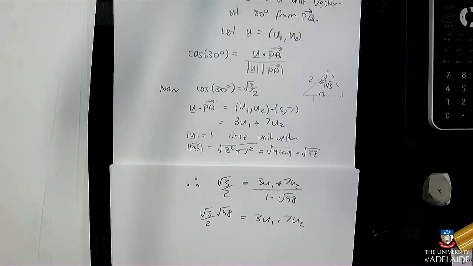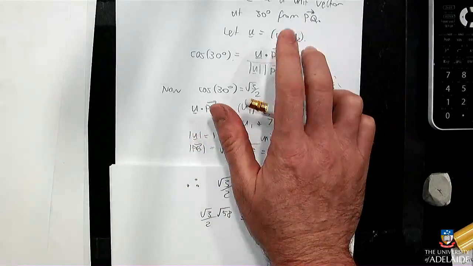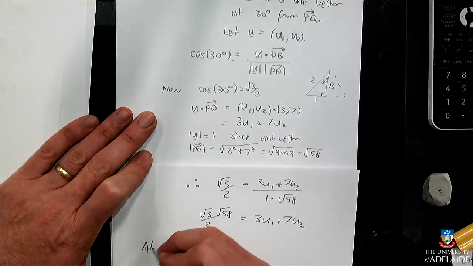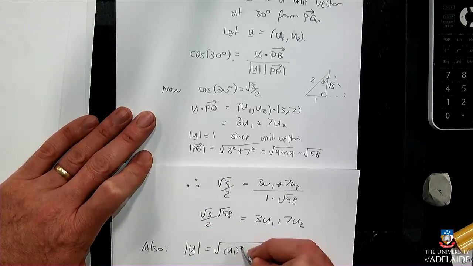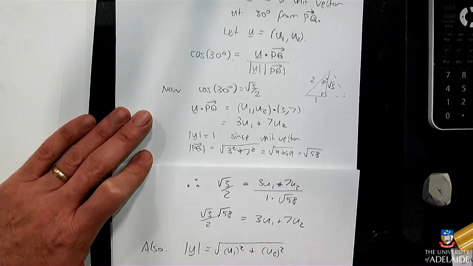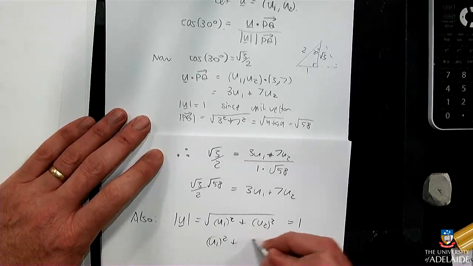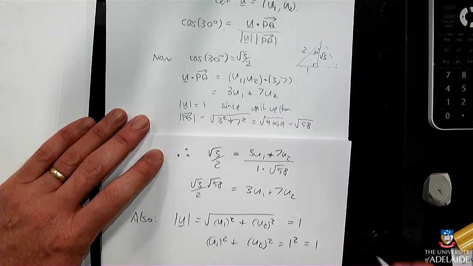Okay. What other information have I got? Well, I've already used the fact that the length of u is 1, but I guess I could use it again to make an equation involving u, right? Also, the length of u is the square root of u1 squared plus u2 squared. And that's 1 since it's a unit vector. So u1 squared plus u2 squared must be 1 squared, which is 1.